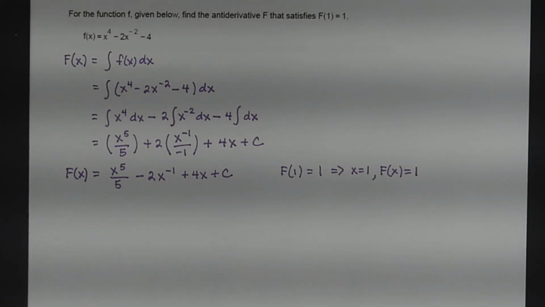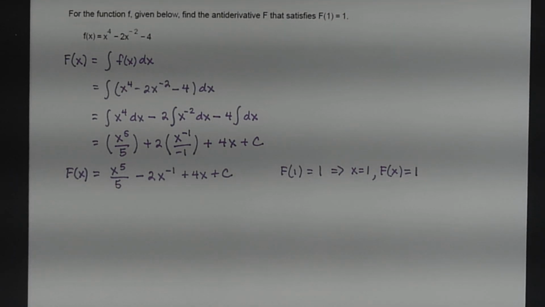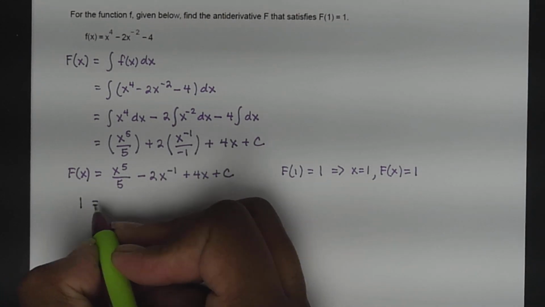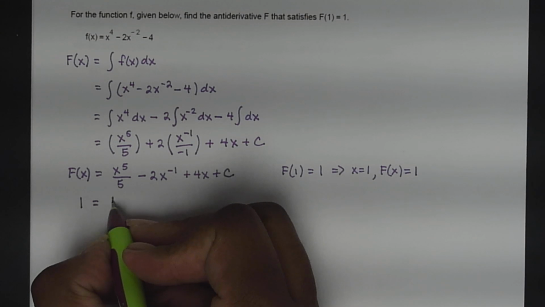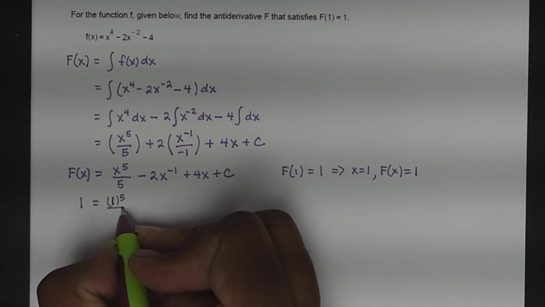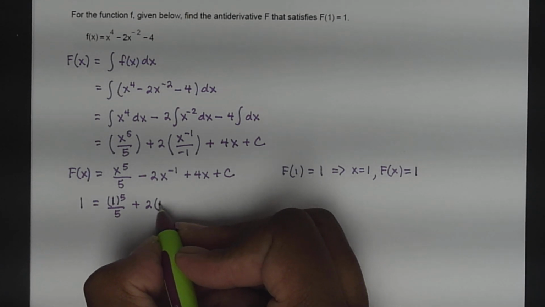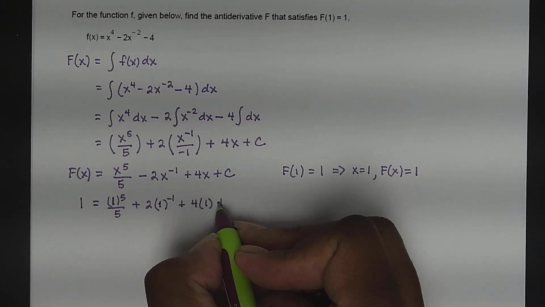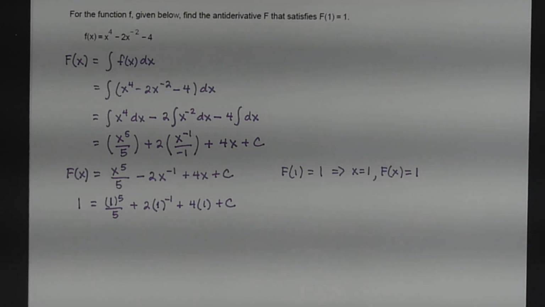So now we're going to substitute the x with 1 in this equation, and capital F of x will be replaced with 1. So 1 is equal to 1 to the 5th divided by 5 plus 2 times 1 to the negative 1 plus 4 times x, which is 1, plus c. That's what's going to help us find out what c is.